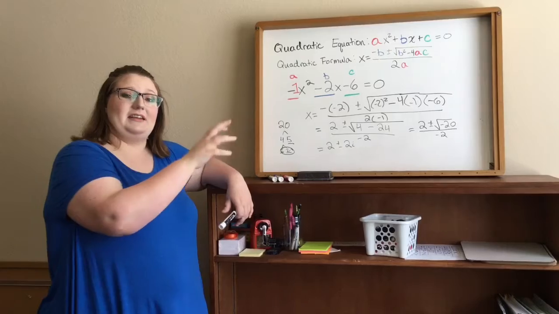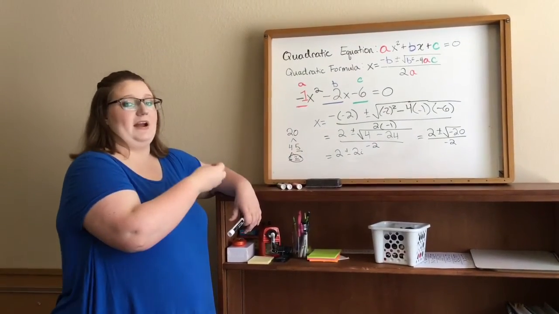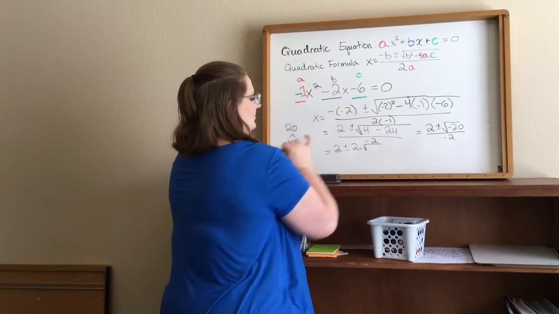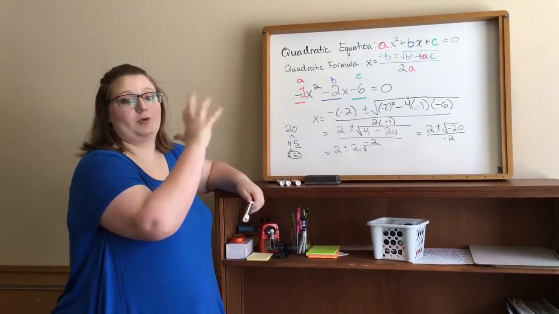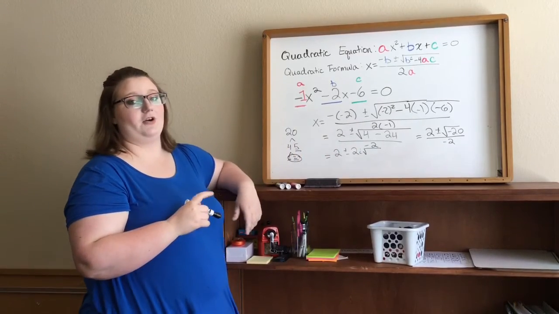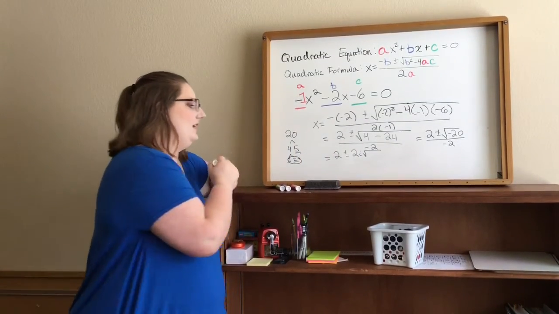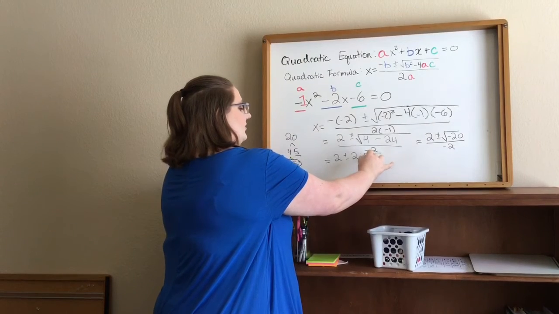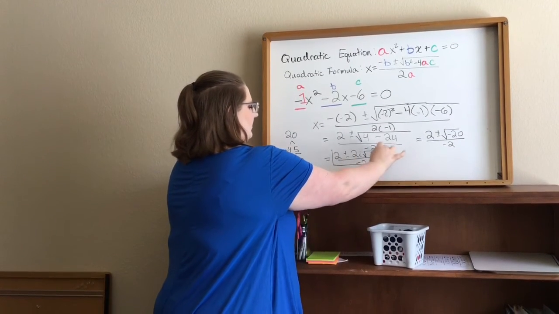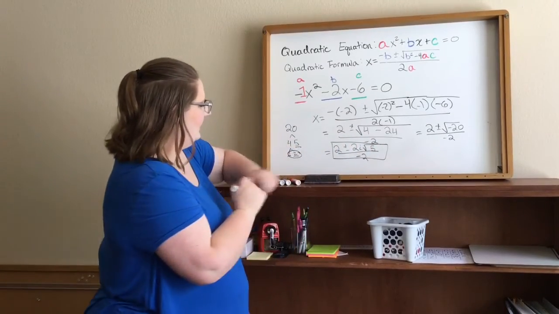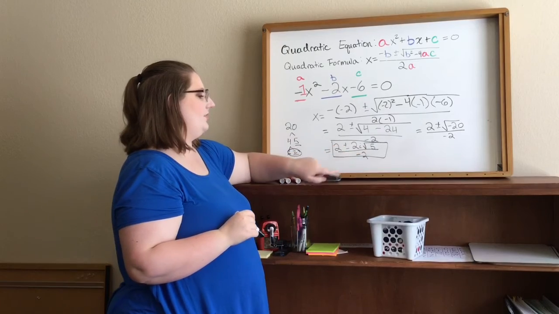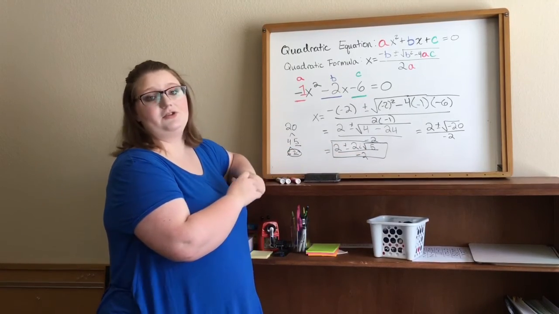So anytime there's a negative in the square root, you rewrite it with an i out in front, and whatever's left inside the square root changes to a positive. Inside our square root, we had a 5 left over that we couldn't simplify. So we'll have a 5 inside our square root, all over negative 2. So we end up with 2 plus or minus 2i square root of 5, over negative 2.